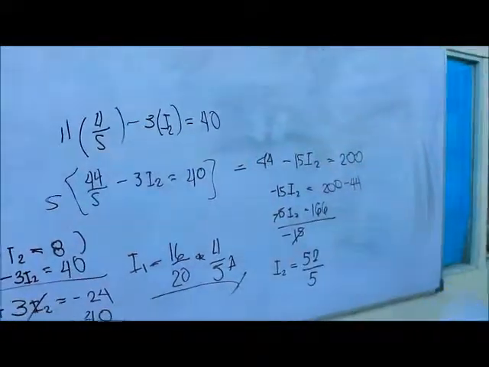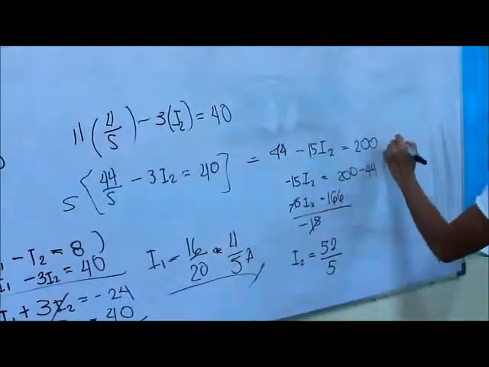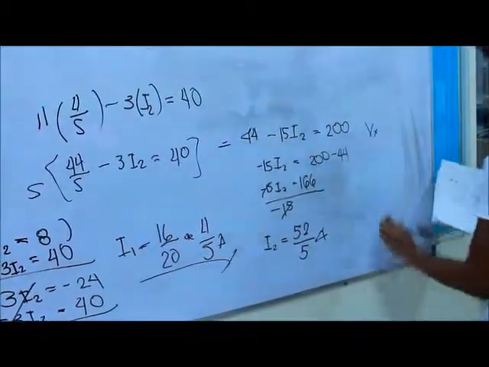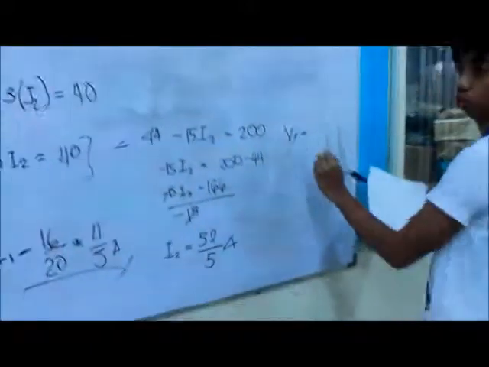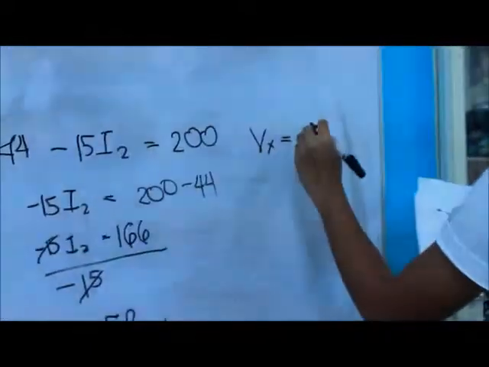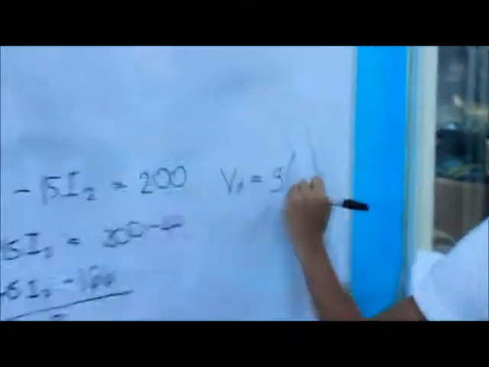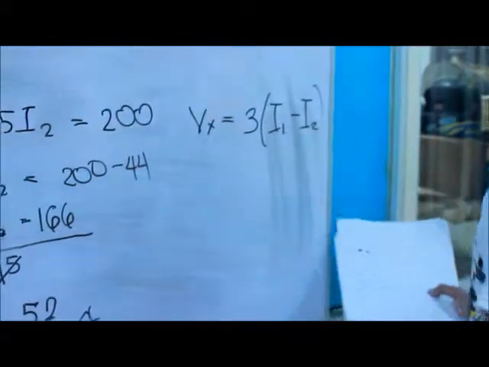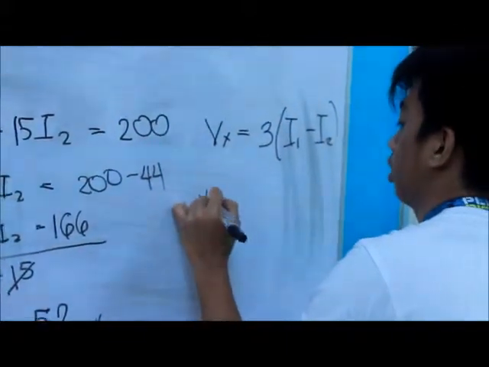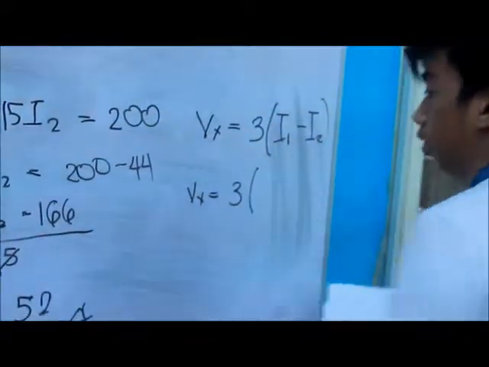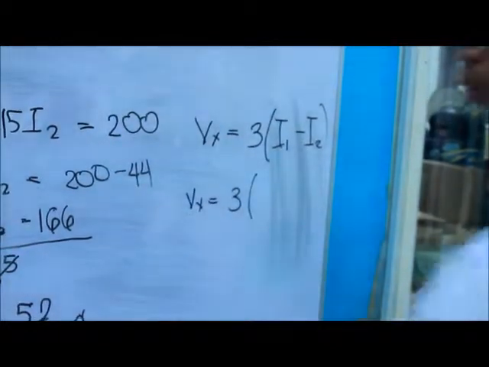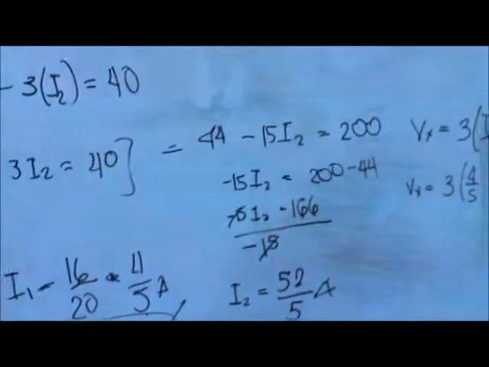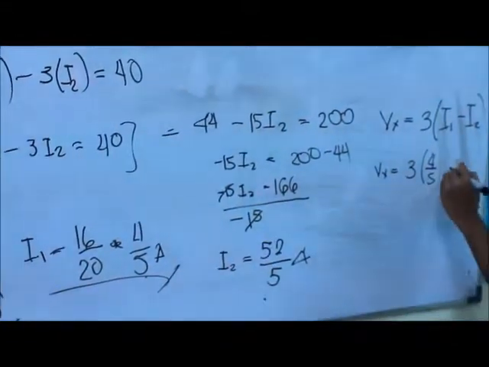Now we will get the Vx. So, Vx is equal to 3 times I1 minus I2. So, Vx is equal to 3 times, I1 is 4 over 5, and I2 is 52.